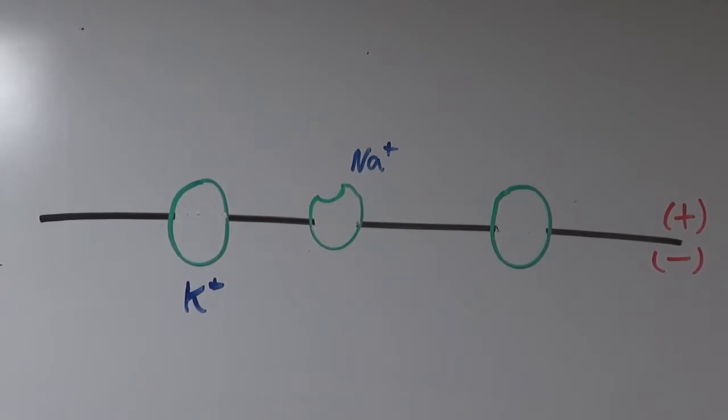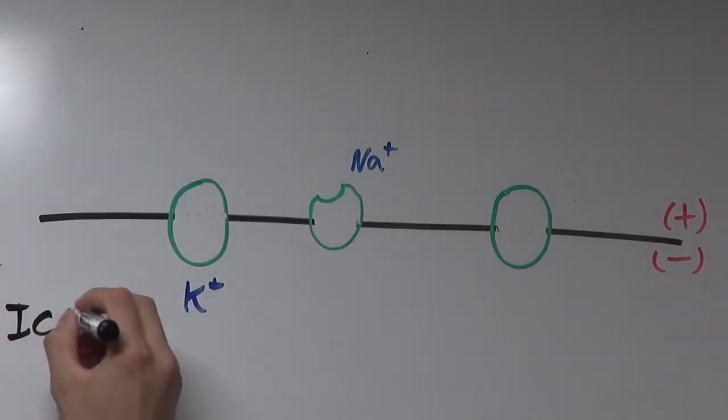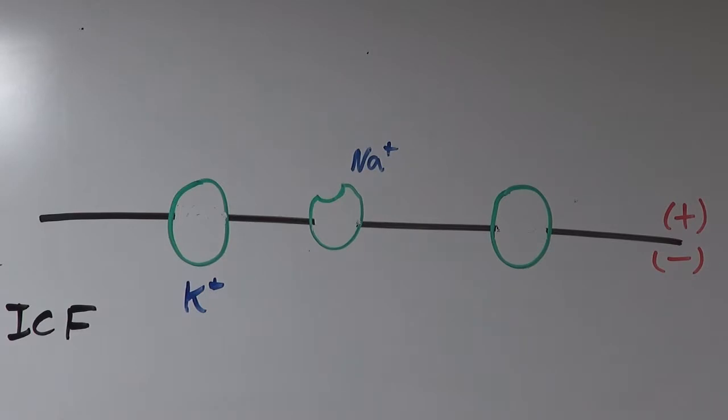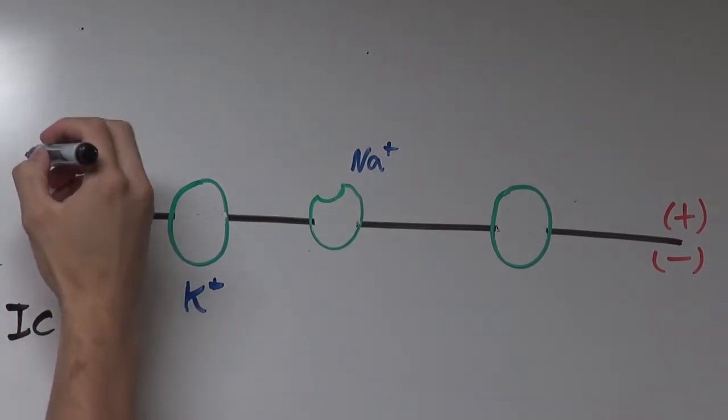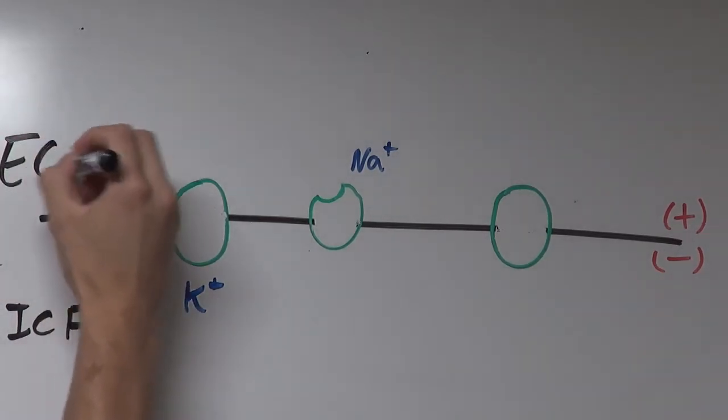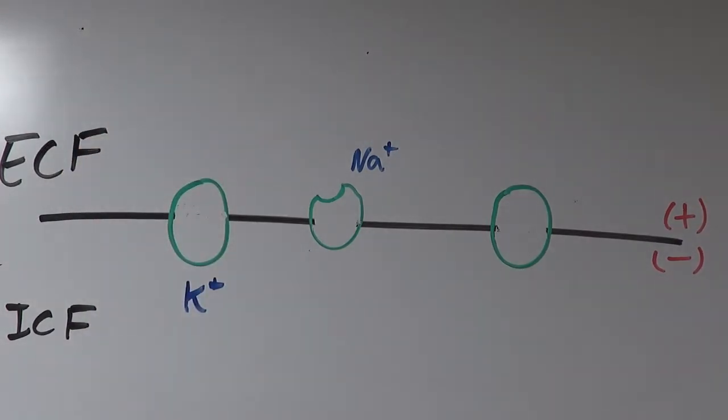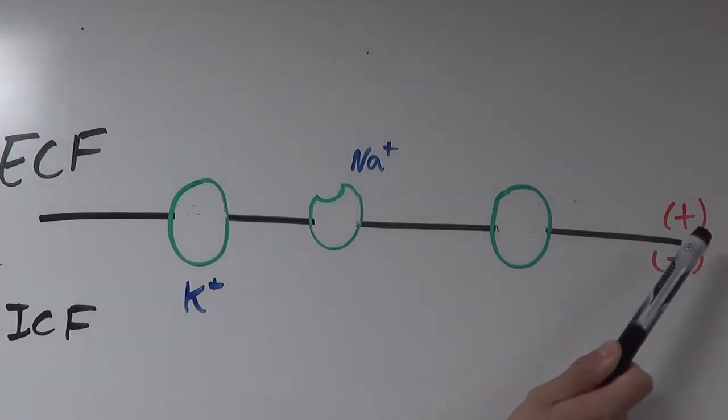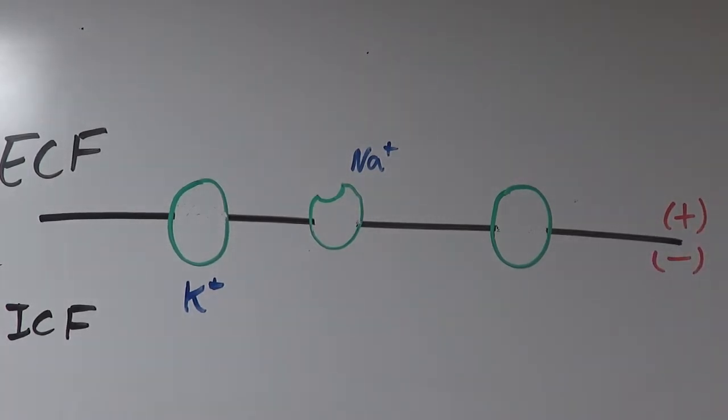So starting here, right now we're at what's called resting membrane potential. Right here we have our ICF on this side of the membrane, and up here we have our ECF, intra and extracellular fluid. So within this area, in the ECF, right now at resting membrane potential, it is positively charged, while the ICF is negatively charged.